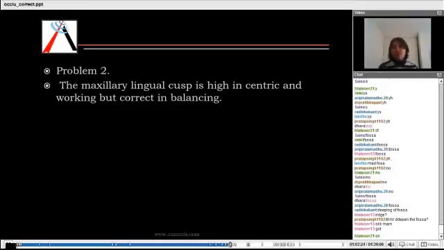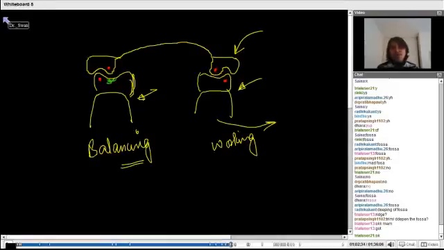Okay, the next problem. The maxillary lingual cusp is high in centric and working, but correct in balancing. Let's go back to the diagram. Okay. Maxillary lingual cusp. This is the maxillary lingual cusp.